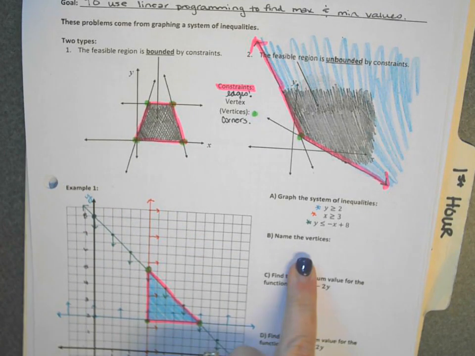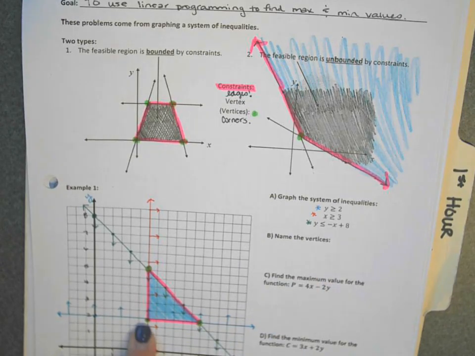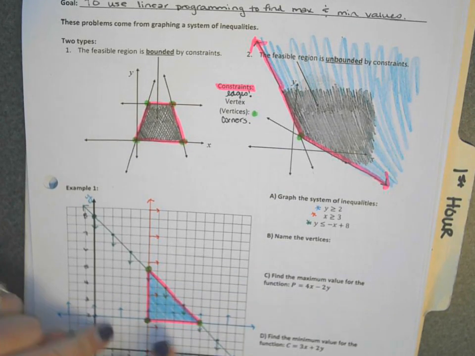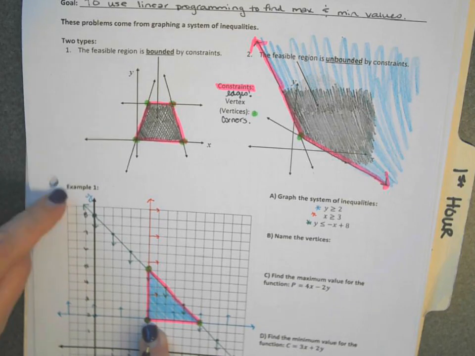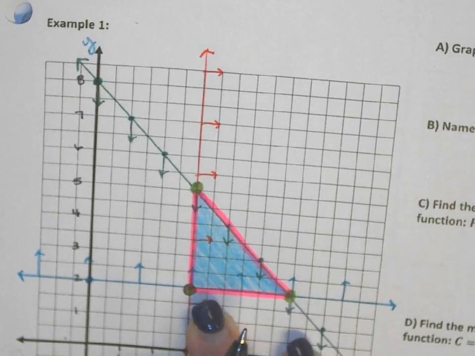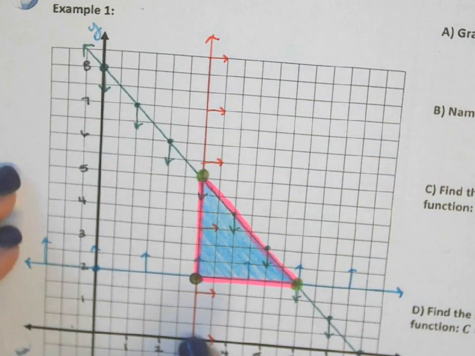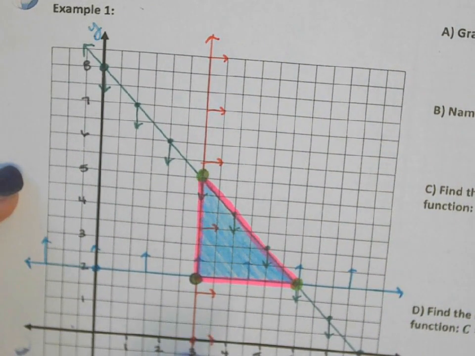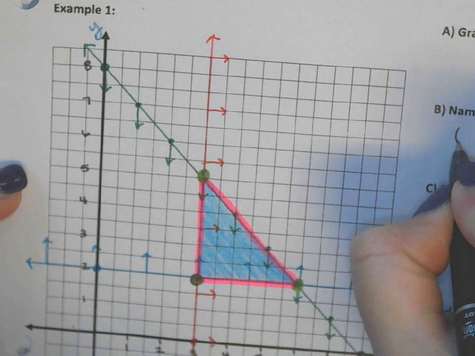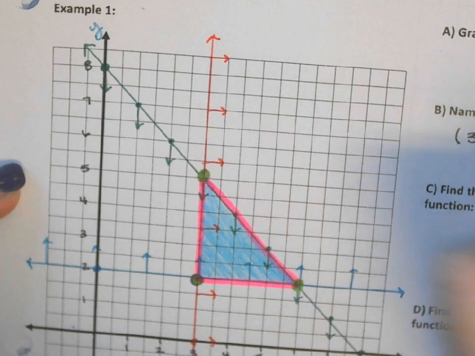So to name these vertices, you have to name where this point is located. So looking at this point right here, what's the location of that point? That's why it's important our scales are on our graph, and we're used to putting those scales on every time. So we can look and say, okay, the x of that point is 3. The y of that point is 2. So one of these vertices is at 3, 2.